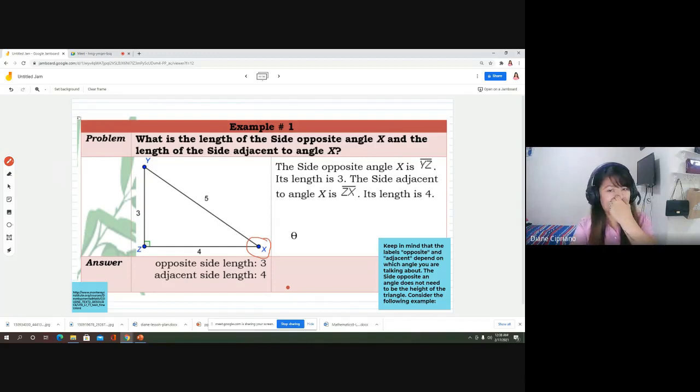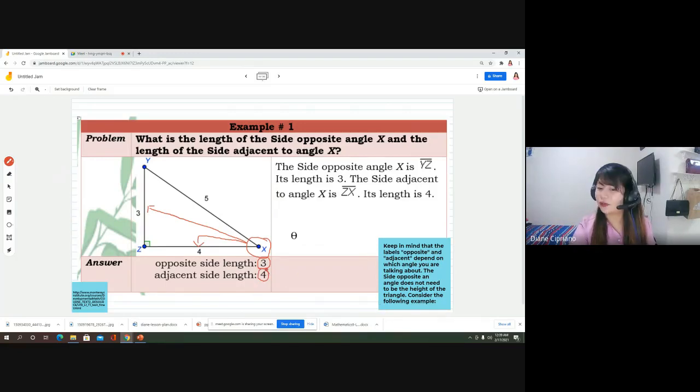So the question is, what is the side opposite this angle? So this is the opposite side. Therefore, the length is 3. And its adjacent, or the next side of the angle, is 4. Therefore, the adjacent side is 4.